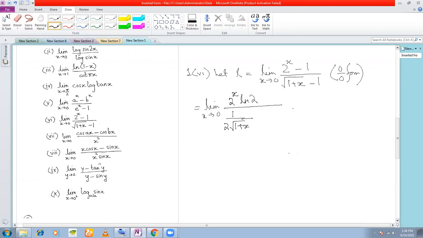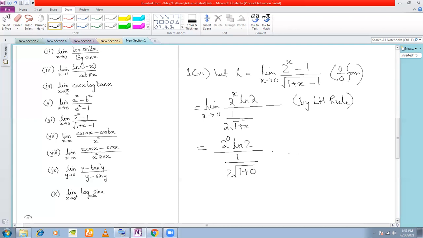Now what you do here is, first you check whether you're getting a finite form or not. You'll write here L'Hospital rule. Now put x is equal to 0, then it will come 2 to the power of 0 ln 2 by 1 by 2 root 1 plus 0.